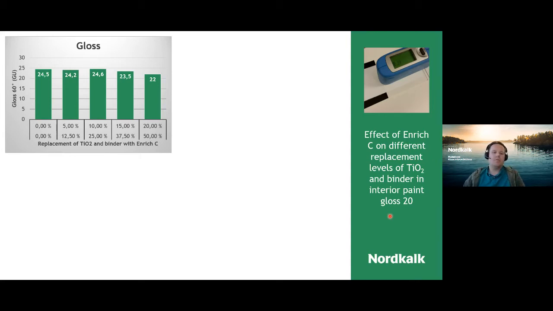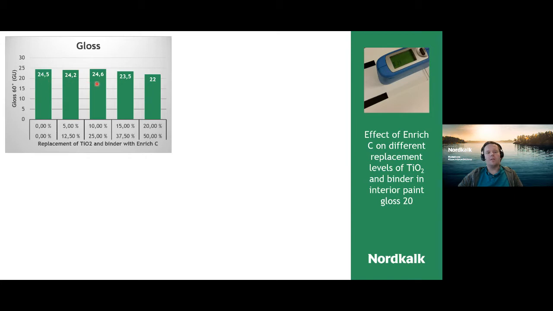And here the gloss, typically when binder or titanium dioxide is replaced, the gloss decreases. But here, even with 10% titanium dioxide replacement and 25% binder replacement, the gloss is still on the same level, 24.6 when the starting point was 24.5.